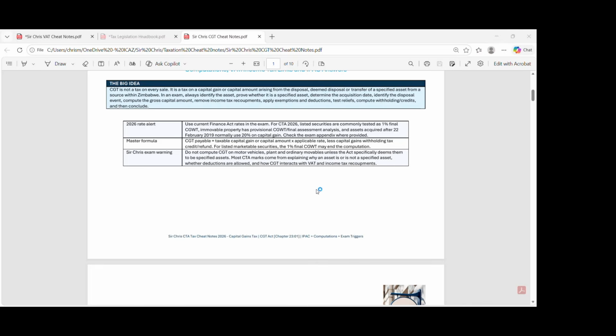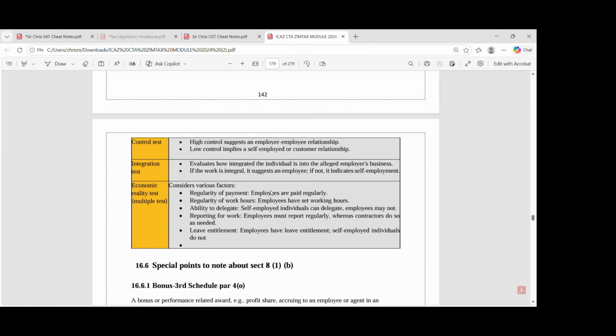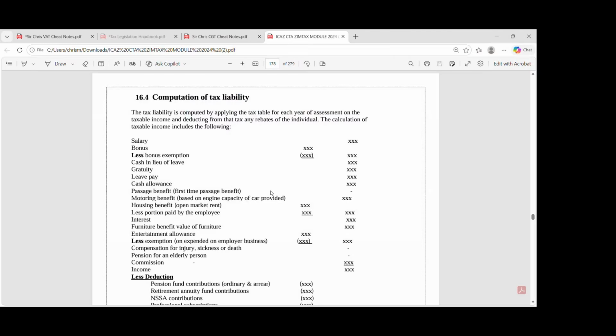And if there are no CGT implications, please clarify that there are no CGT implications, isn't it?